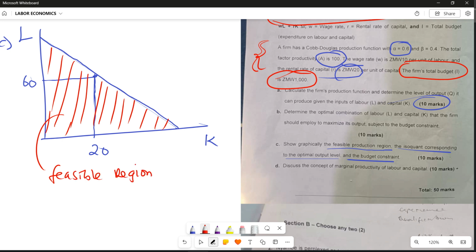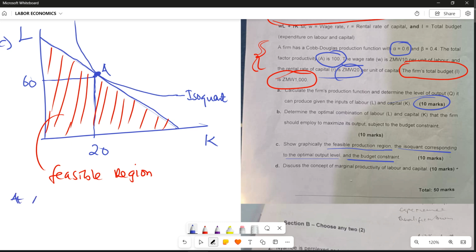We can produce any amount of output within this shaded region here. And the optimal combination is at that point where the isoquant, so the isoquant is this curve, touches the line.